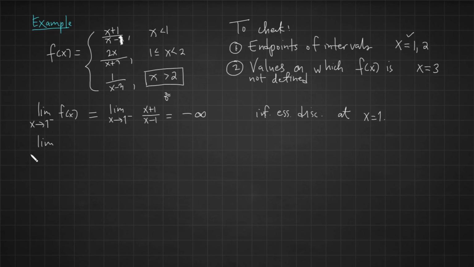So, limit as x approaches 2 from the left. Okay. Kung galing tayong kaliwa ng 2, ito yung gagamitin natin. We have 2x over x plus 3. And the limit is just 4 over 5. Now, if we approach x from the right of 2 to greater than 2, ito yung gagamitin natin.